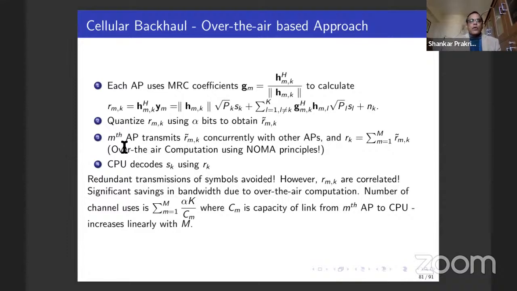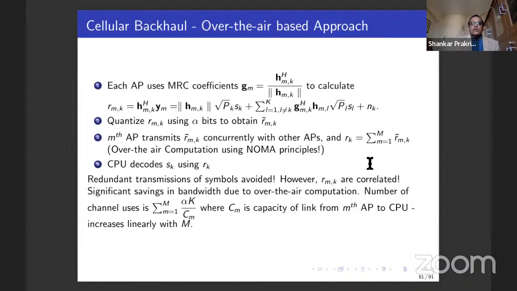That means you're doing over-the-air computation using NOMA principles. Right? So redundant transmissions of symbols are avoided because each user is transmitting at the same time to the central processing unit. For each user, you're going to transmit concurrently from each access point, and all the access points are transmitting concurrently. So you get this r_k, and from the r_k, you try to decode.